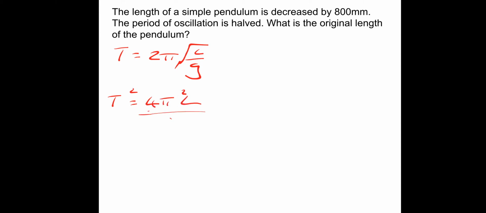So T is equal to 2 pi root L over g. I'm going to square it all. So T squared equals 4 pi squared L over g. And then I'm going to rearrange to get T squared over L equals 4 pi squared over g, which will be a constant because this pendulum is in the same location for both scenarios.